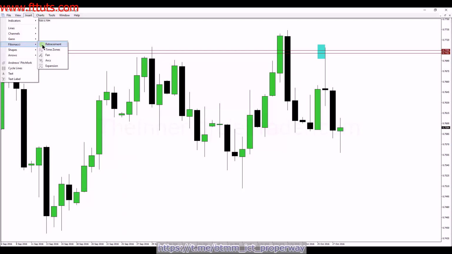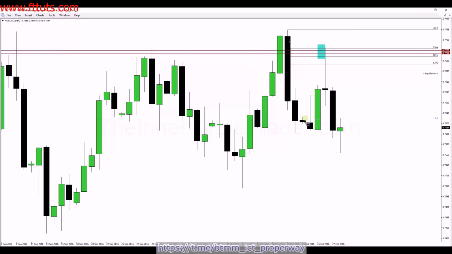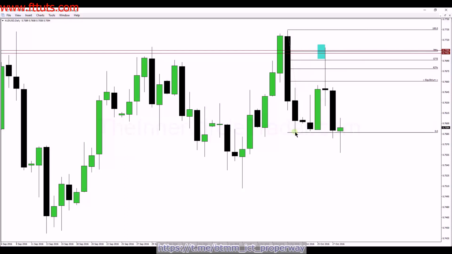if we take our fib and we draw it from the high down to the low right here, which is right before this price swing up, we can clearly see that we are in an area of distribution. And what that means is that we are in an area of premium.